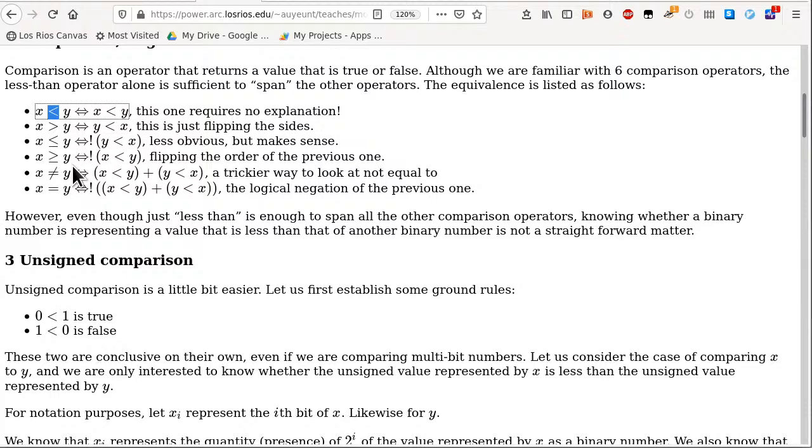In other words, in the CISC type of computer, they will give you all 6 comparison operators. Not quite in the form of operators, but they will give you a very convenient feature so that it is easy to translate the 6 comparison operators into assembly language code. But in the RISC architecture, they may give you just 1 or 2 of the 6.